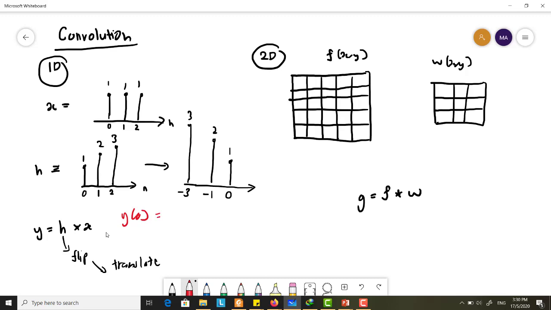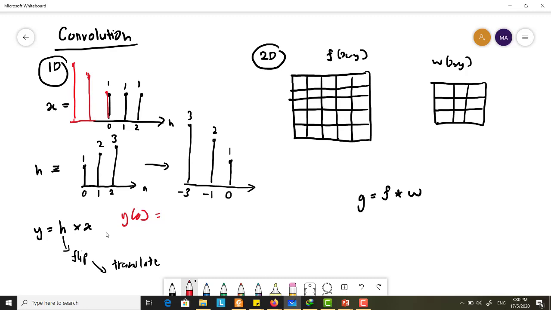So let's draw the flipped h at this point. This is the first point, this is your second point, this one is the third point. The red signal shows your flipped version of hn, which is drawn on the same axis as your xn.